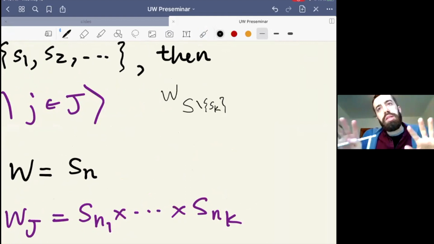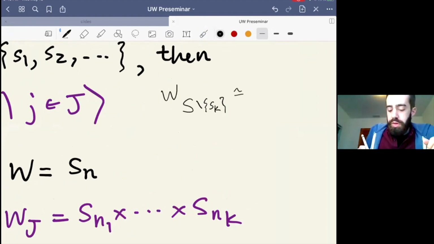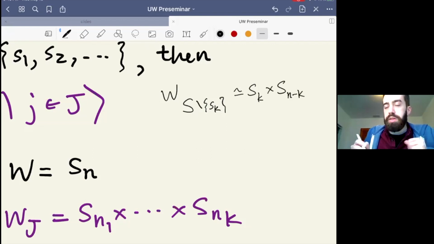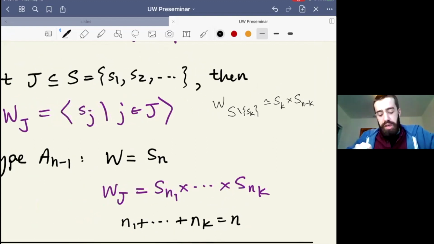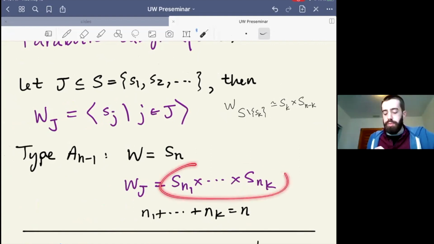It's not so hard to see that the effect of that is I never am able to move the numbers 1 up to k outside of the first k positions, or the larger numbers out of the last positions. So this looks like a product of a symmetric group S_k and a symmetric group S_{n-k}. And similarly, if you removed more generators, you would get more gaps where you couldn't swap across, and you would get this product of symmetric groups.